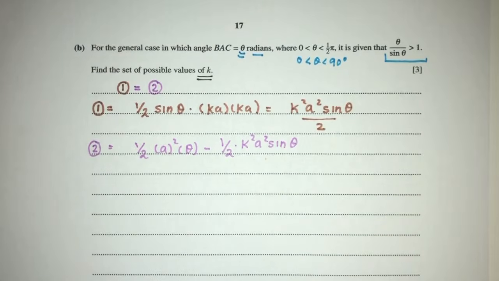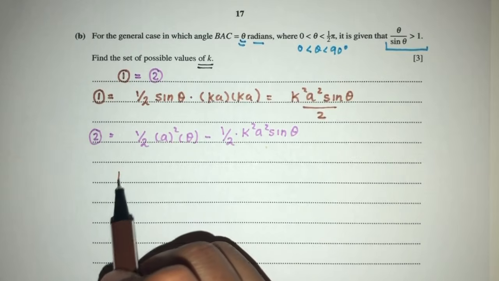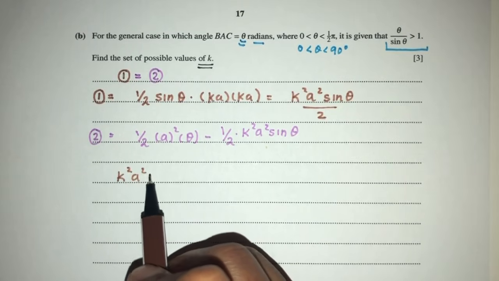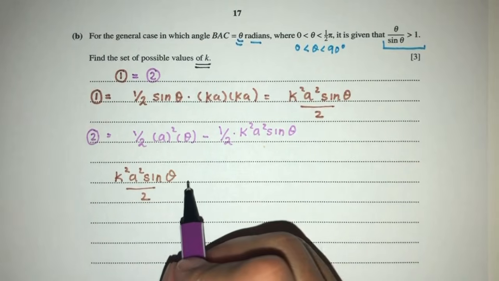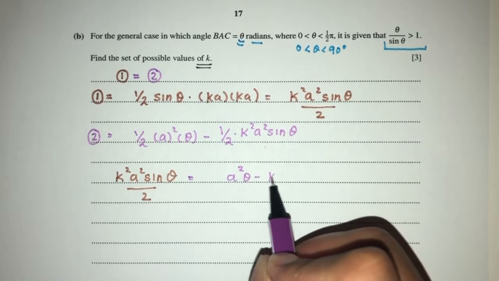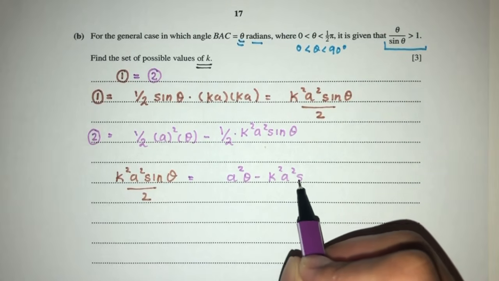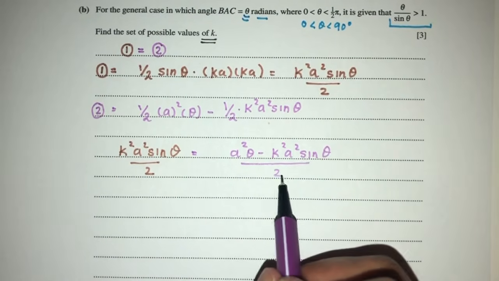So let's equate that again. Number 1 is equal to number 2. On one side you will have k squared a squared sine theta over 2 is equal to number 2, that will be a squared theta minus k squared a squared sine theta, over 2.